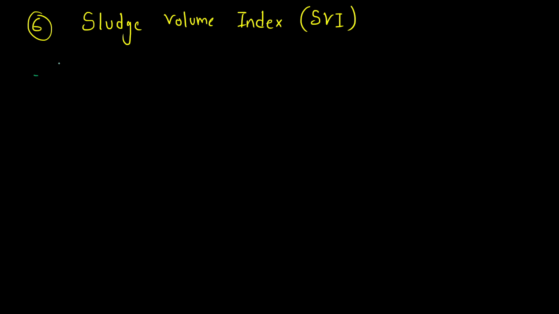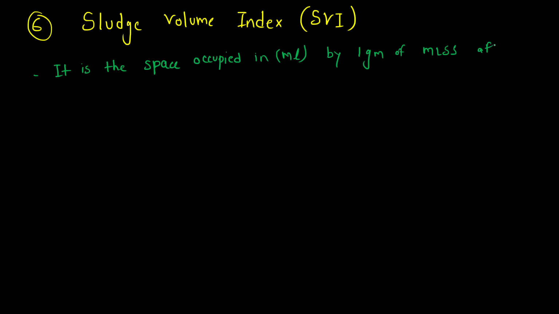What is the sludge volume index? It is the space occupied in ml by 1 gram of MLSS after 30 minutes of settling.